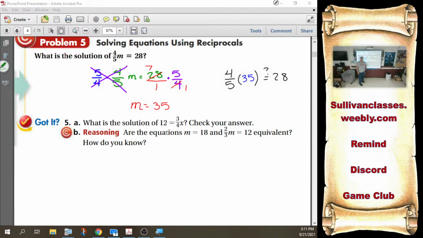Yeah, it's valid. Okay. I could also cross cancel here and say 28 is 28. All right. Just got to show the check. If you need the calculator to do the work for you, that's fine. Your turn.